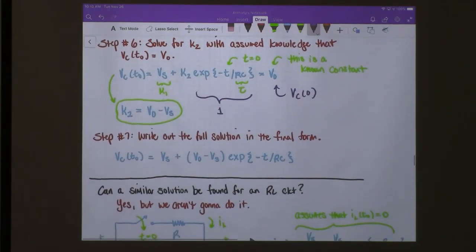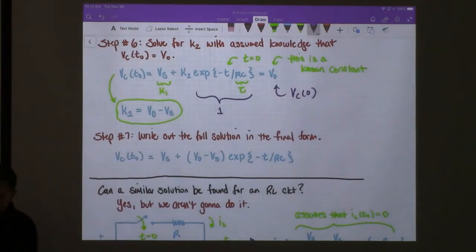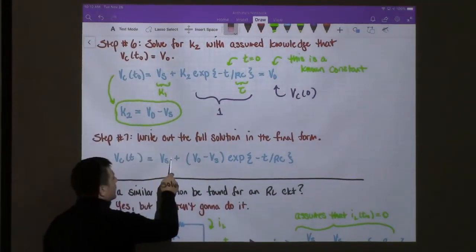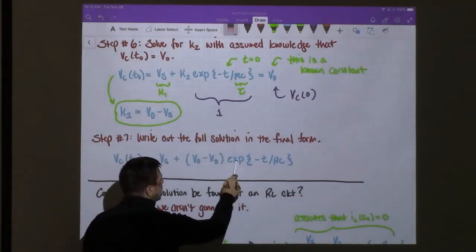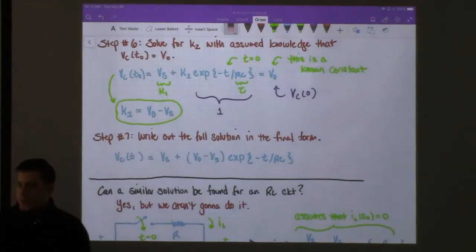And so when we write out the full solution in the final form, it looks like this. VC, and that's not T0, it should be just T, is equal to K1 plus K2 e to the negative t over tau. But we figured out what all the values were.